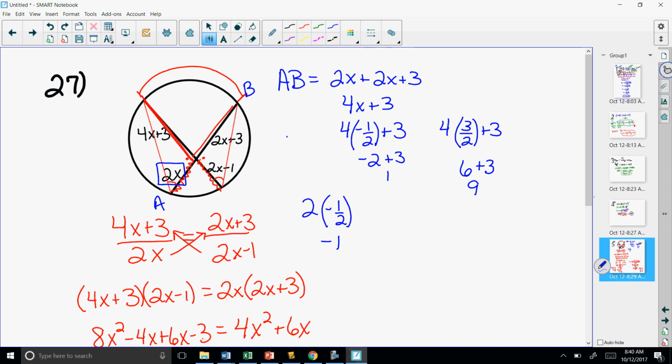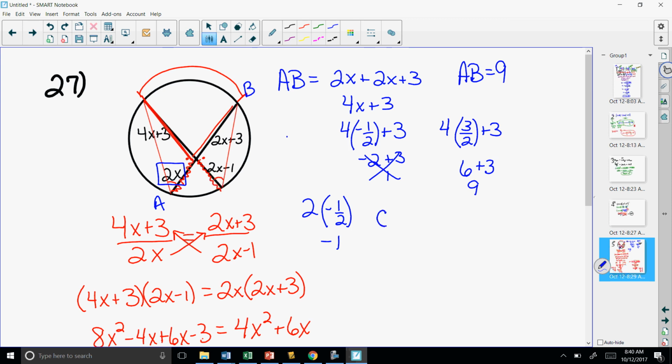So we can rule out negative 1 half as a solution, not because it in itself is negative, but because when you are solving it, it becomes negative. So therefore, AB has a length of 9. Do they give you units? No. Okay, we'll just leave it as 9.